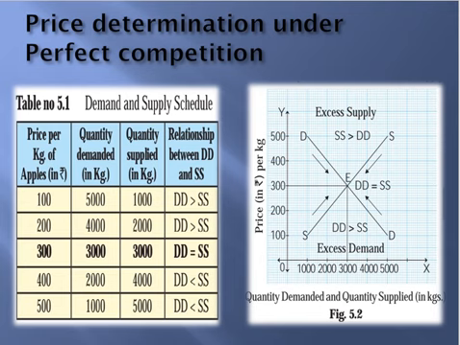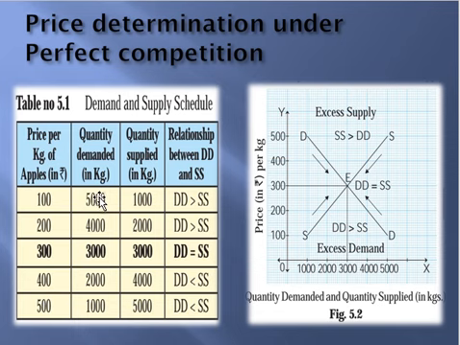So let us move on to understanding how price is determined under perfect competition. We can learn this with the help of this schedule and the diagram, wherein the first column talks about price per kg of apple. It is in rupees: 100 rupees, 200 rupees, 300, 400 and 500 and so on.